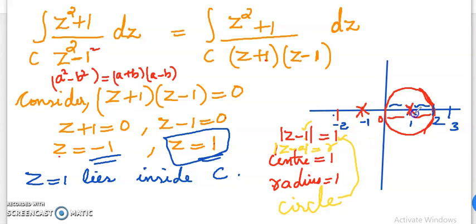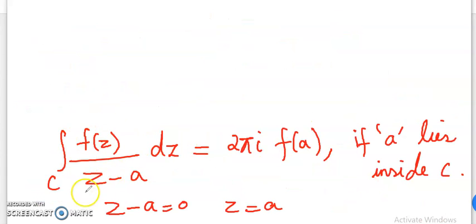Z equal to 1 lies inside, z equal to minus 1 lies outside C. So by Cauchy integral formula, we have the condition like this. Therefore, we can write the integral over C.